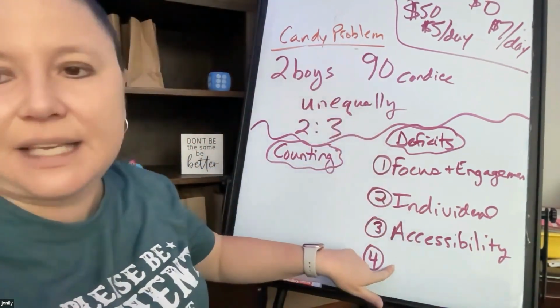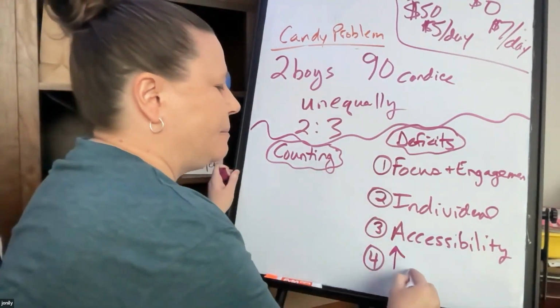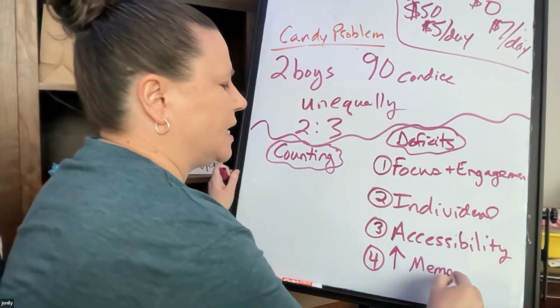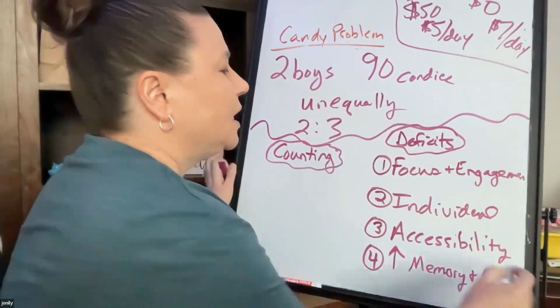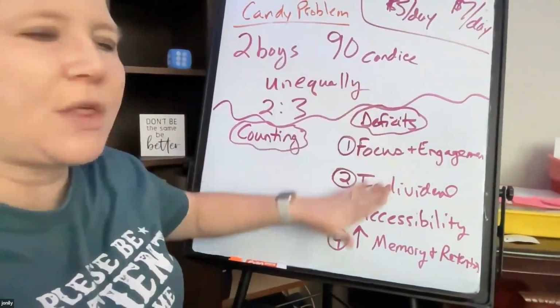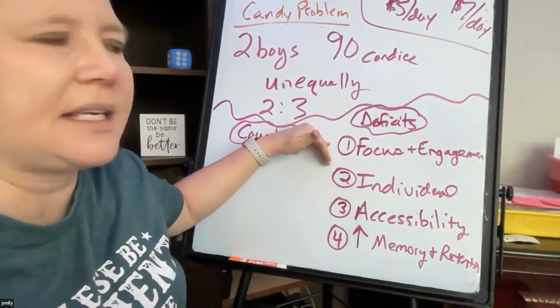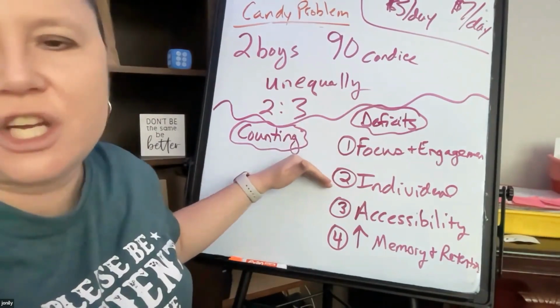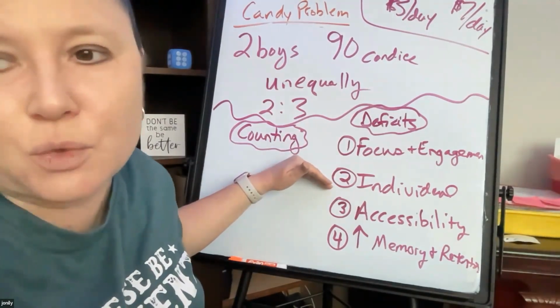And then finally, how do we increase memory and retention of content? Now think about this for a moment. In schools, these are the things that we are most frustrated with. The lack of focus and engagement, the frustration that every kid needs what we think are individual lessons.